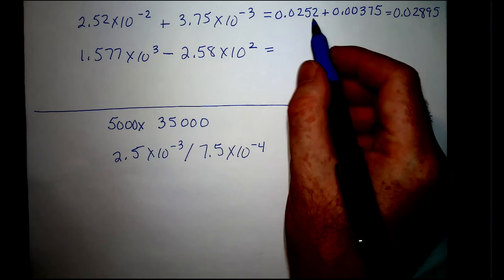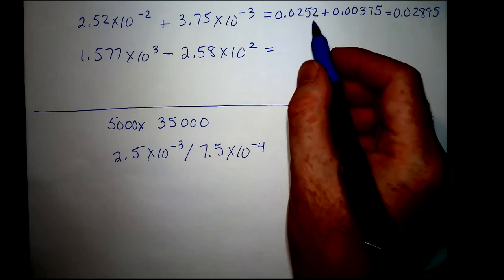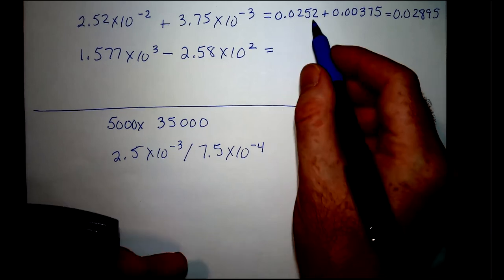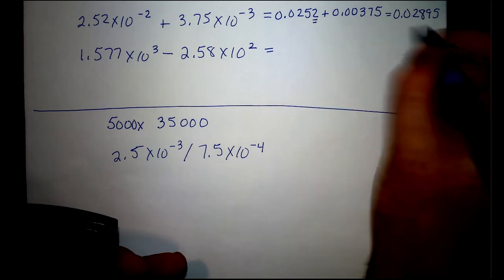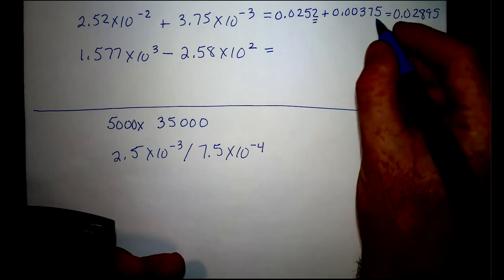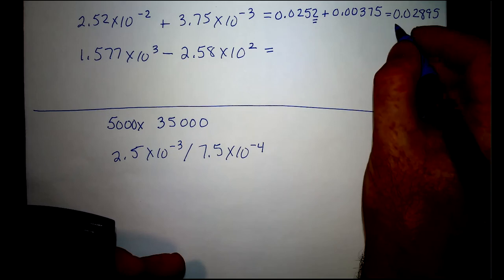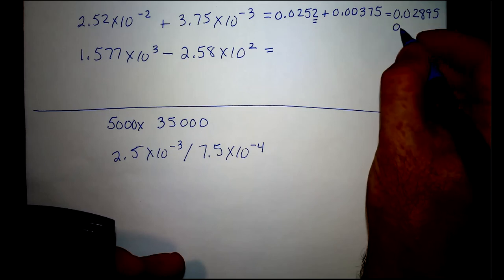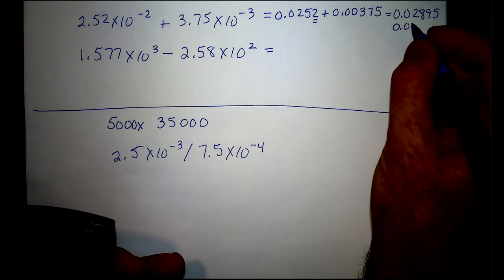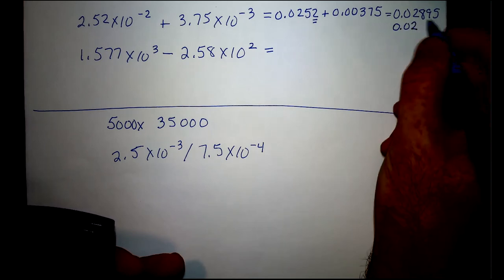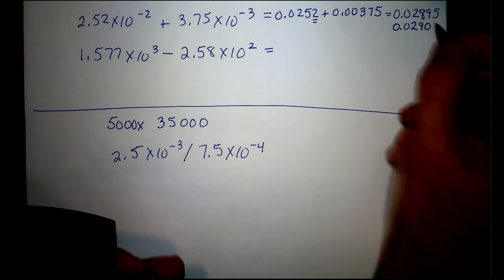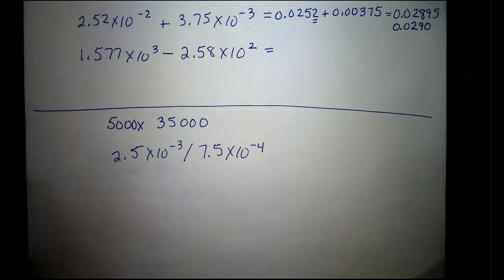And so we're going to tend to round that to the thousandths place, or excuse me, the 10,000ths place, since that's the smallest place on that number. We'll talk about that a little bit later in the course, but we're going to tend to round that to 2, and then that 9 is going to round up, so that's going to kick that up to 290 is where we're going to tend to round that.